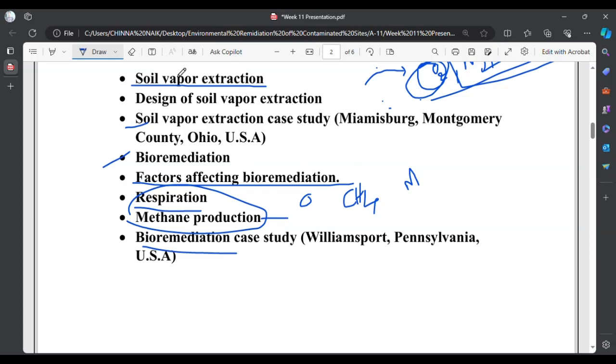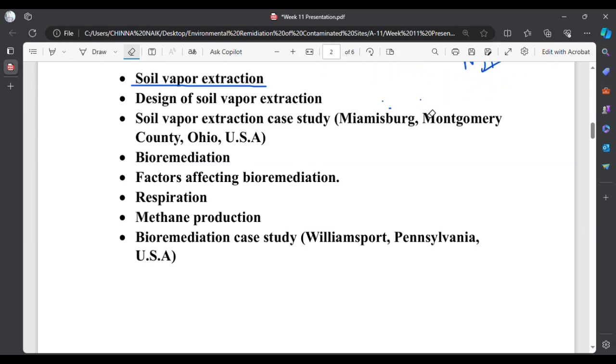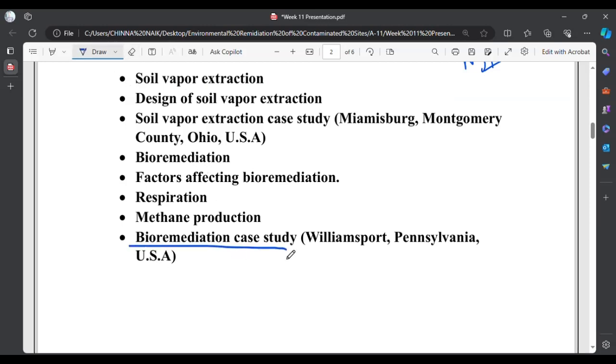We discussed a case study related to bioremediation with the help of anaerobic dechlorination: the Williamsport area in Pennsylvania, located in the USA. The major contaminants they tried to remediate are TCE, DCE and vinyl chlorides, hexavalent chromium and cadmium.